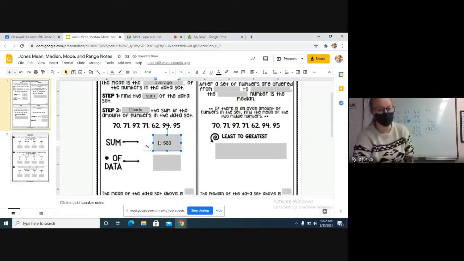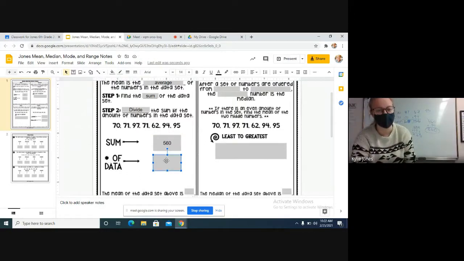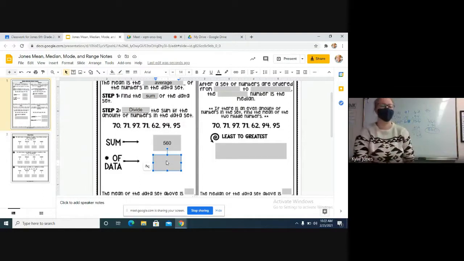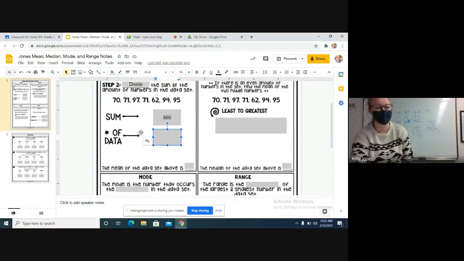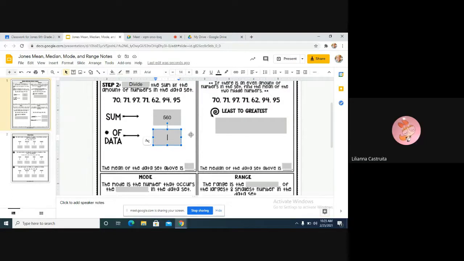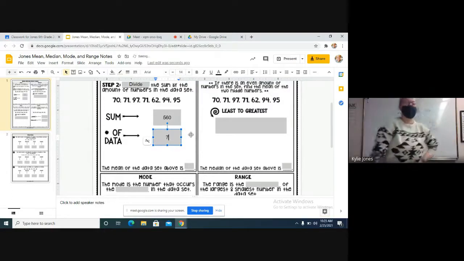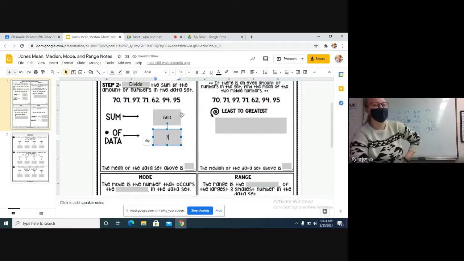Now this says the number of the data. That just means the number of data points, right? So how many numbers did we just add together? Not 8. 7. We have 1, 2, 3, 4, 5, 6, 7. Good. So we have a sum of 560 when we added together 7 numbers.